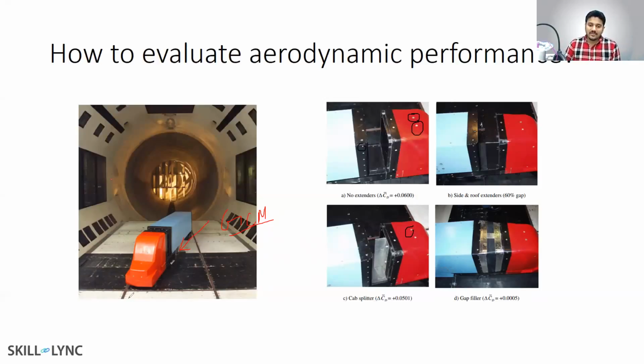Now, when you look at this truck, can anyone tell me what is weird about this truck? Does this truck look normal to you guys? What is weird about this truck? Can anyone answer this question? Just look at the truck and tell me if you find something weird about it.